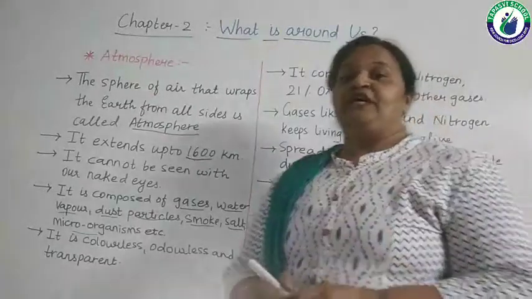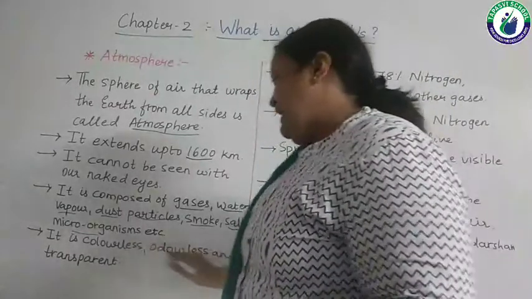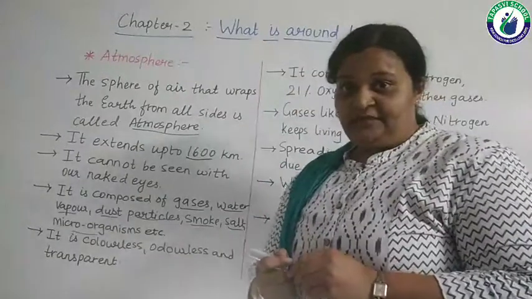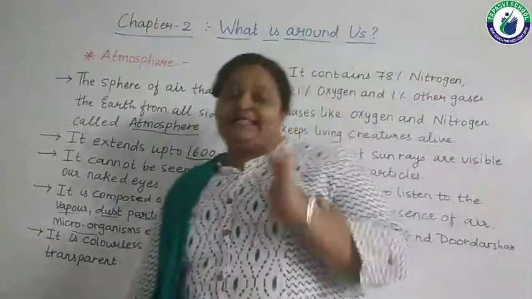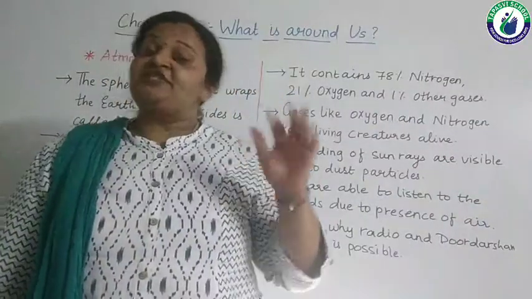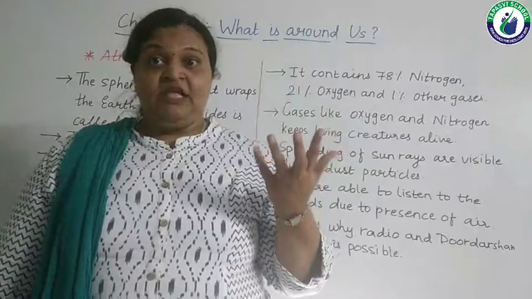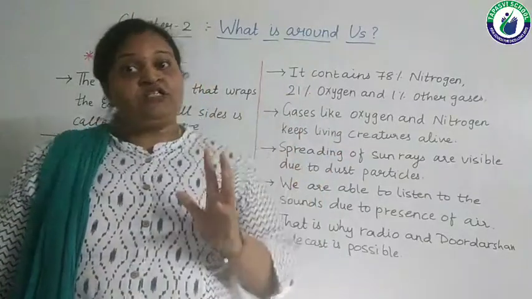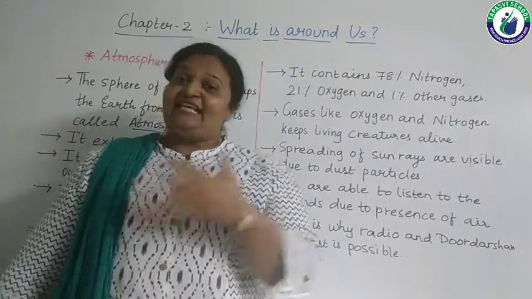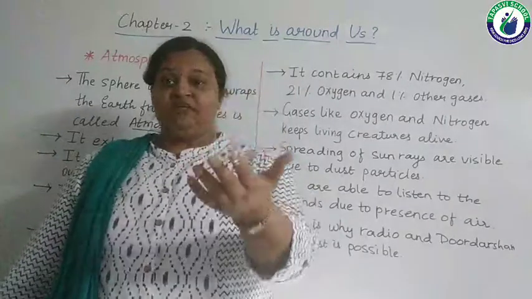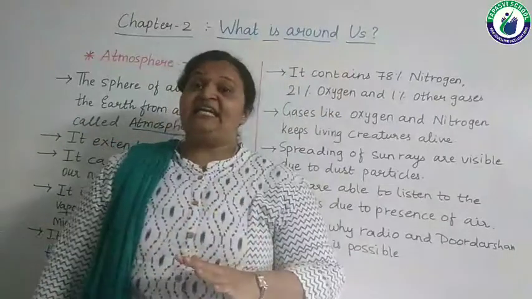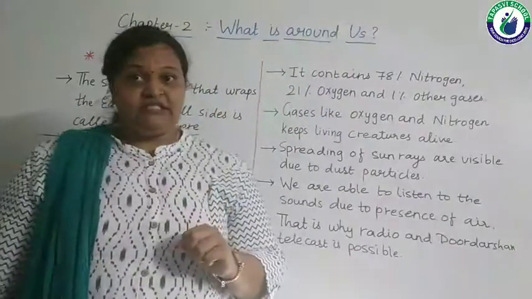Even atmosphere is colorless, odorless and transparent. Atmosphere itself does not have any color, does not have any smell, so it is odorless and also it is transparent. There is air present between you and me, but we aren't able to see it for the reason it is transparent.